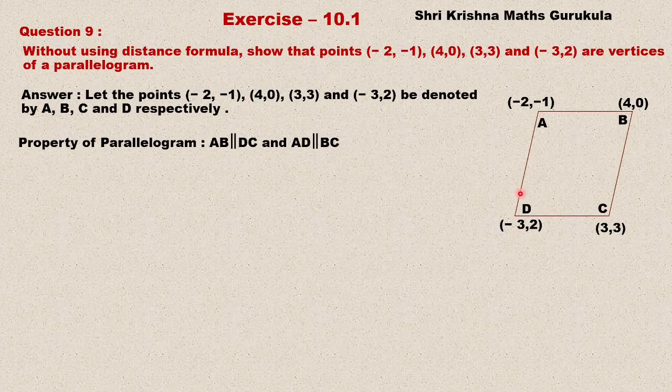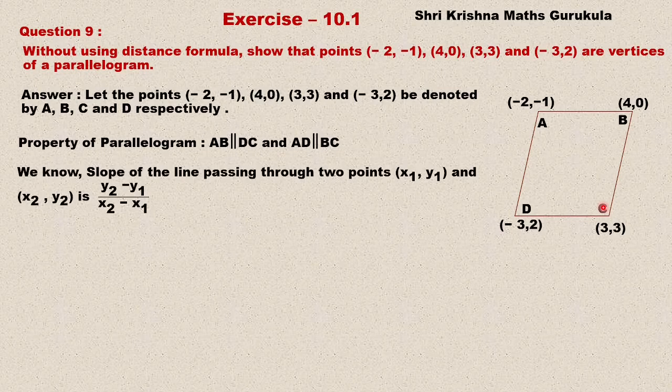If theta is the same, then tan theta will also be the same. That is why when two lines are parallel, their slopes will be equal. So we are using this concept and we will be solving this sum. When we know 2 points on a straight line, how do we find the slope? It is y2 minus y1 by x2 minus x1, right? Yes, that is what we are going to do now.